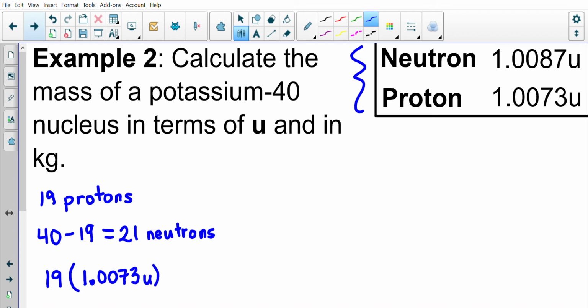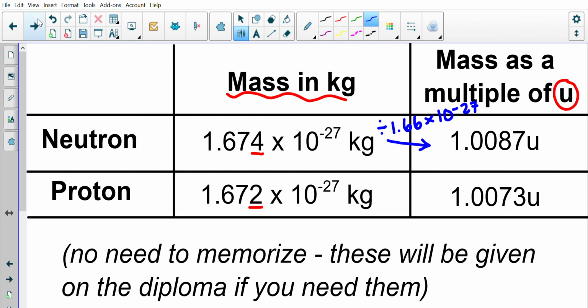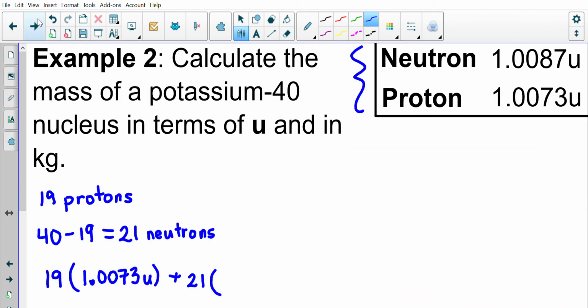So for a proton, the mass is 1.0073 U, and then we're going to add to that the mass of a neutron, which is 1.0087 U. I'm just going to double check that, even though it's on the board, it's just blocked by something because I'm recording it. Yes, okay, 1.0087 U.